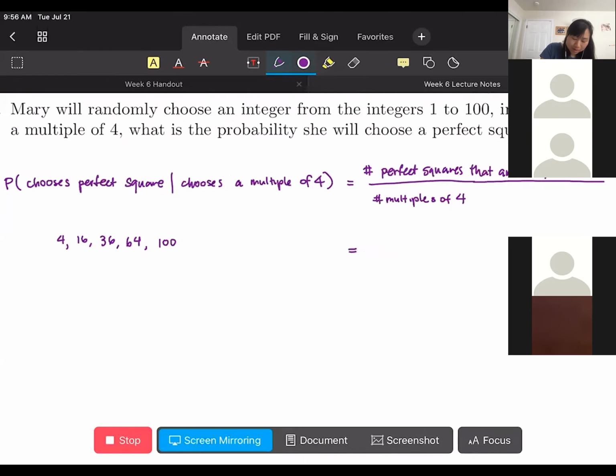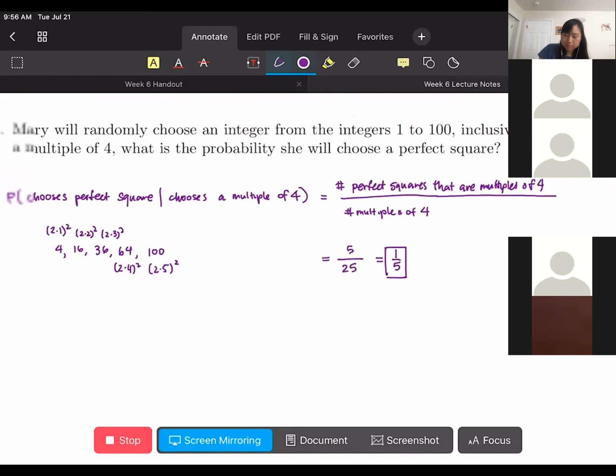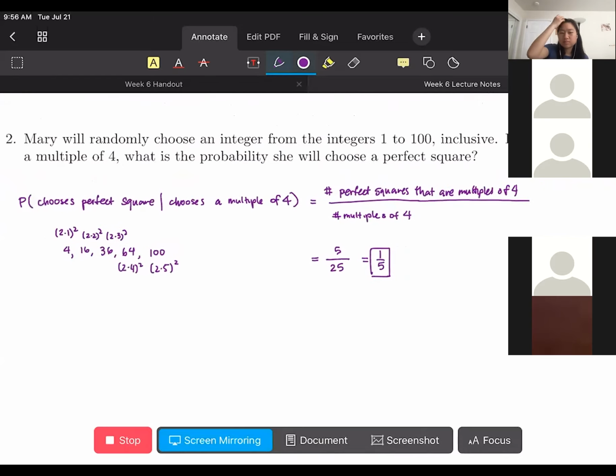Another way you could do this is 2 times 1 squared, 2 times 2 squared, 2 times 3 squared, 2 times 4 squared, 2 times 5 squared. So it's going to be 5 over 25. So the answer is 1/5. Awesome.